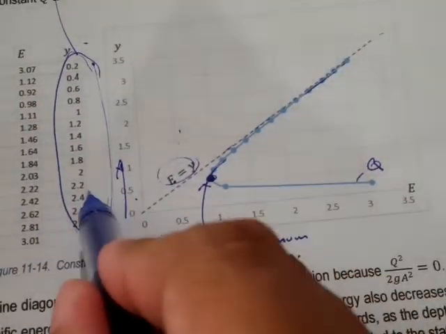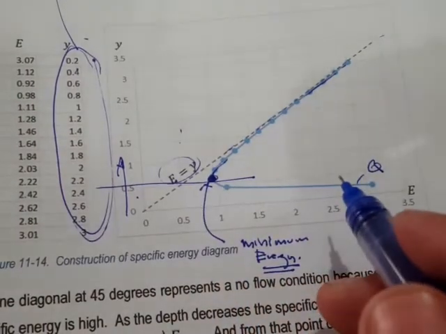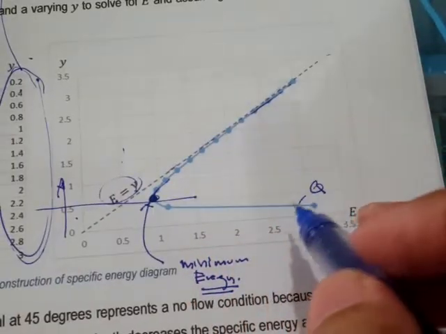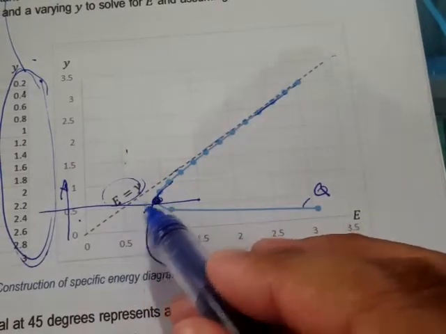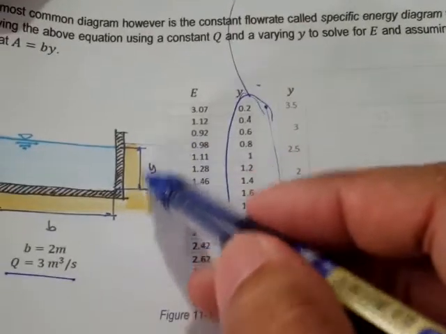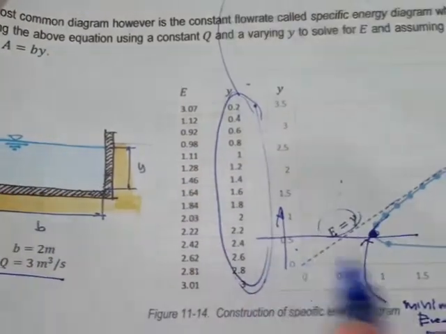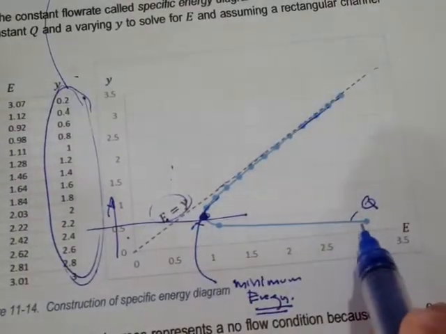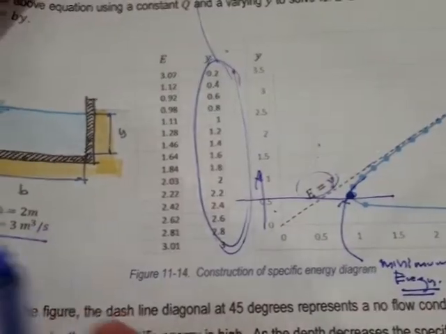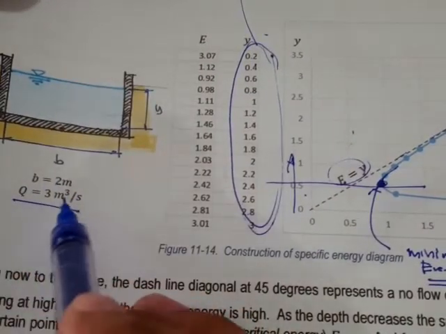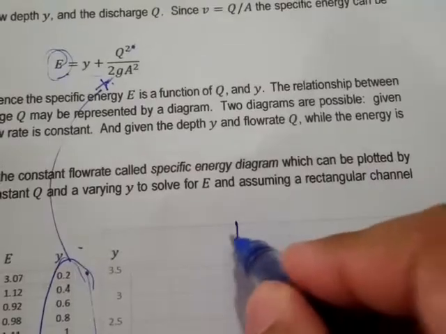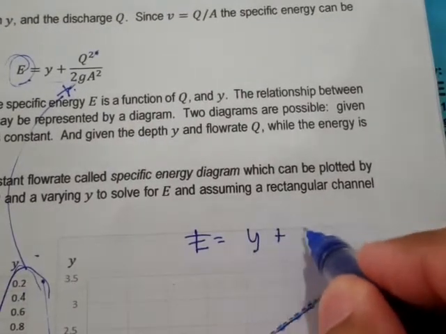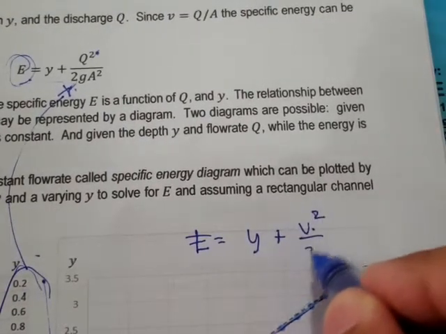Okay, so if we interpret this in a physical sense, then at lower depth, meaning at a lower value of this Y, why is it that we have this much energy? That means that for a given flow rate, much of the energy is actually associated with, recall, we have Y plus V squared over 2g.